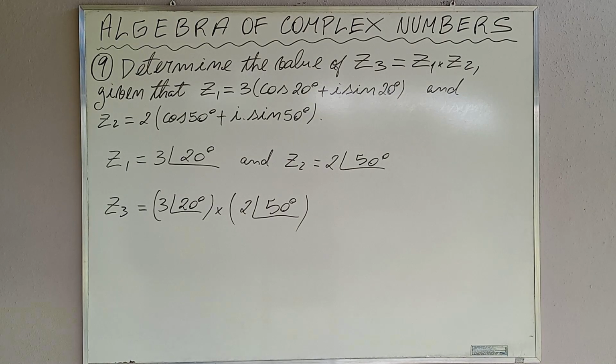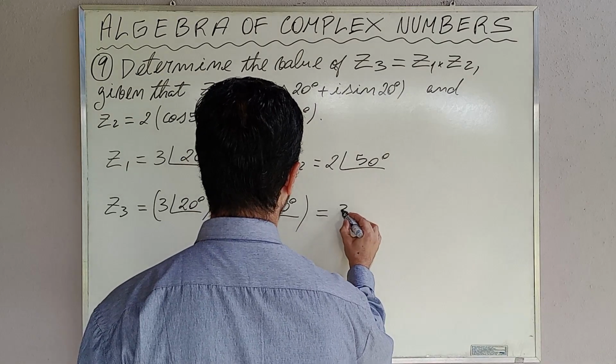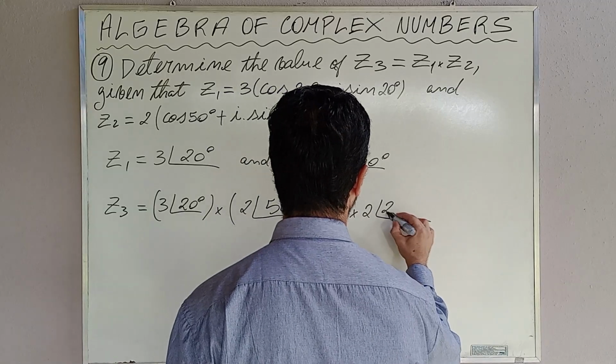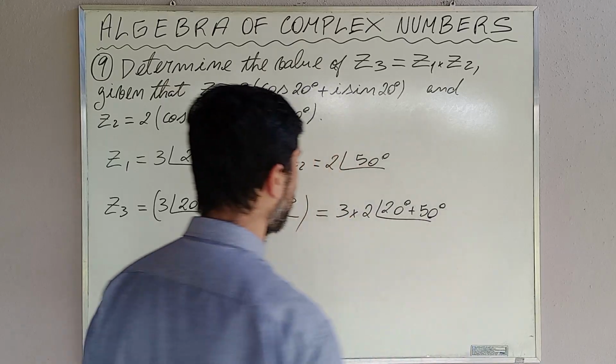When two complex numbers are expressed in polar form, the product is obtained by multiplying their magnitudes and adding their phase angles. In this way, z3 will be 3 times 2 phase 20 degrees plus 50 degrees.